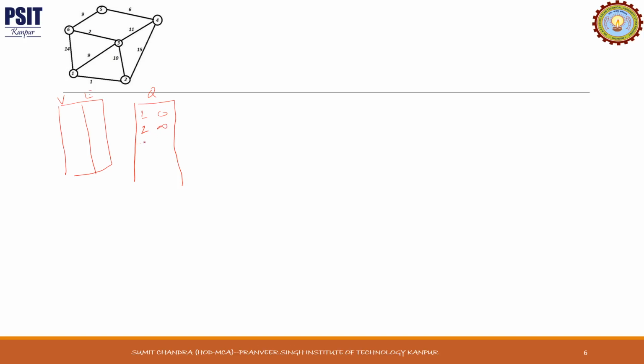All others are infinite for now. Now at every step, I have to do extract min. The minimum weight vertex will be extracted from this queue. So obviously 1 is minimum. And now we'll explore the neighbors of 1.